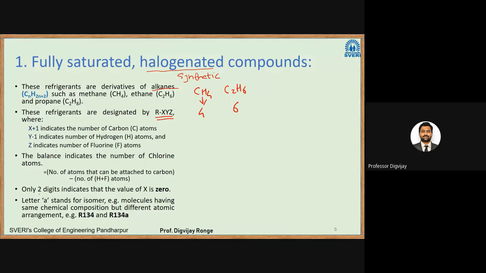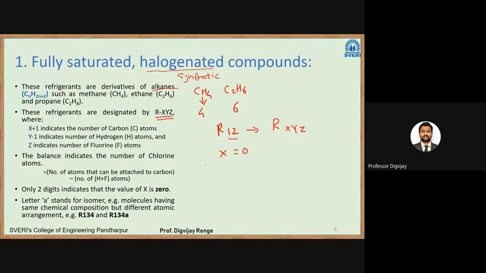Now, if there are only 2 digits, that indicates that the value of X is 0. So, if I take R11, in that case, there are only 2 digits, that means X is 0. So, I'll take quickly one example. If I take the example of R12, I will compare this with RXYZ. So, if this has only 2 digits, that means X will be 0.